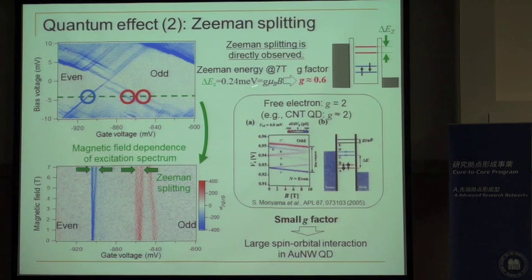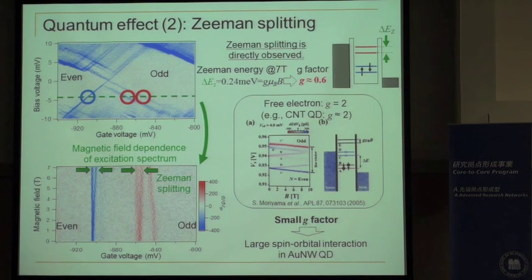And from the Zeeman energy, we could estimate the G factor to be 0.6. Generally, the G factor of a free electron is 2. And in addition, it is reported that the G factor of carbon nanotube quantum dot is also 2. So the obtained small G factor indicates that there is a large spin orbital interaction in gold nanowire quantum dot.